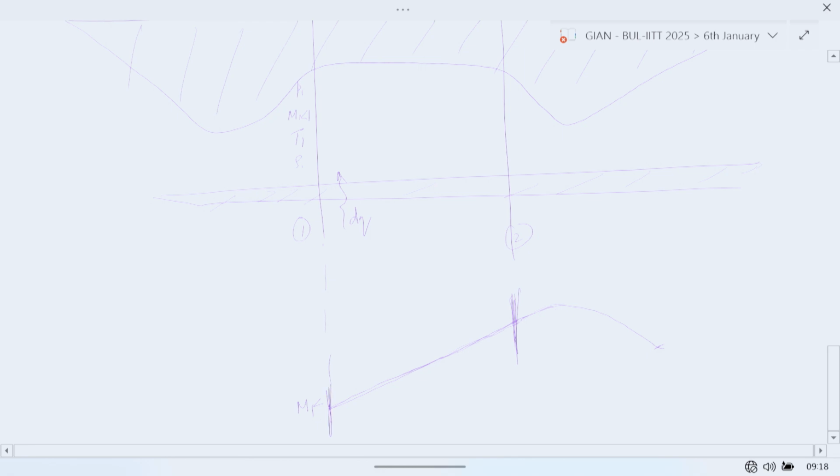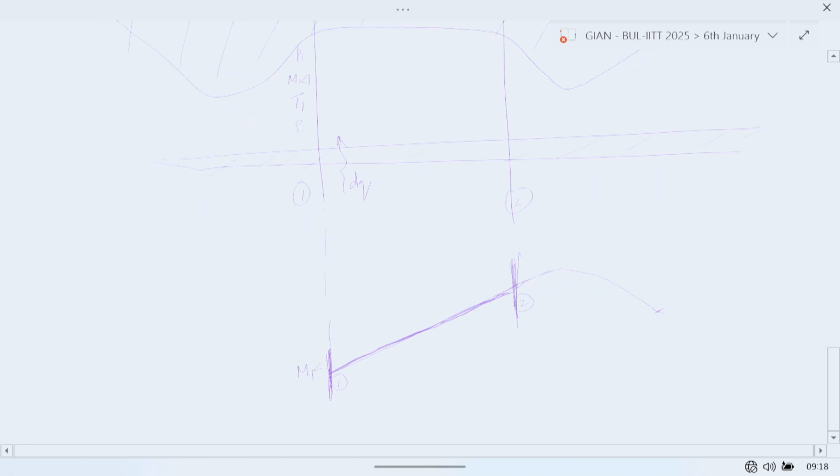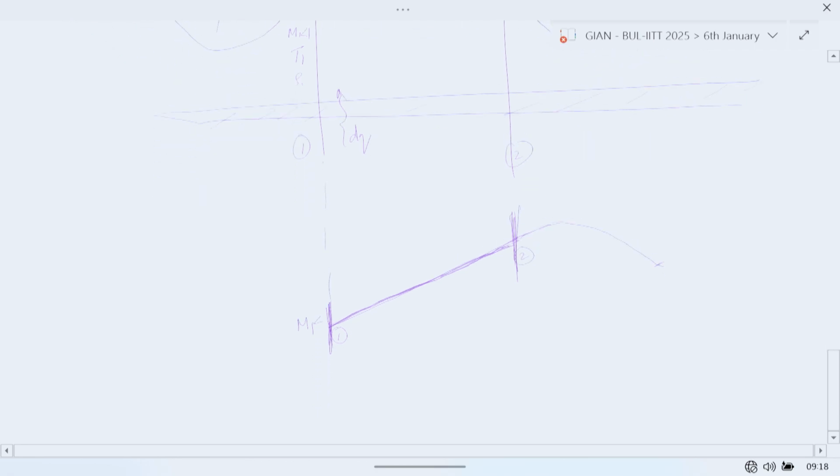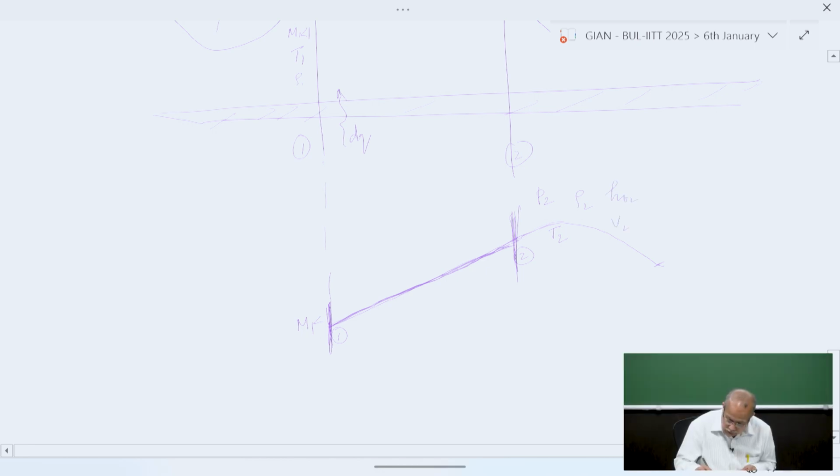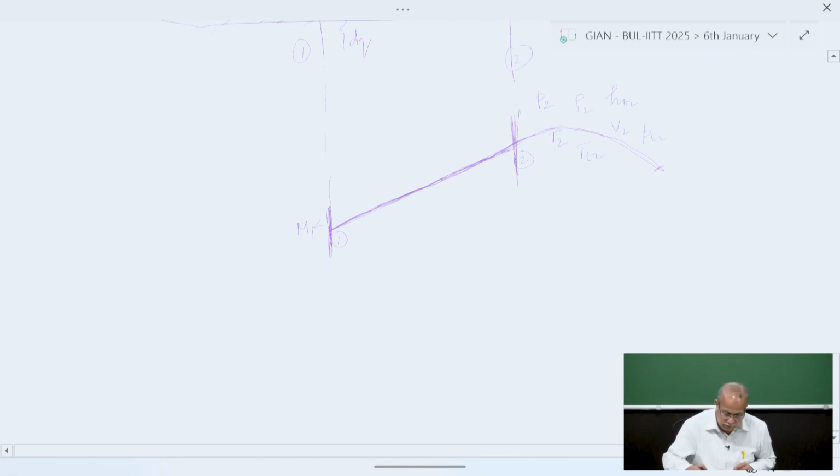If we analyze the upper branch of the Rayleigh theory, then we can study the combustion problem here. This is at 1, this is 2. From the Rayleigh theory, we will be able to find out the pressure P2, T2, ρ2, HT2, V2, TT2, and PT2. The theory itself goes beyond, but we are just using it to calculate the properties that are changing in the combustor. Okay, understood?